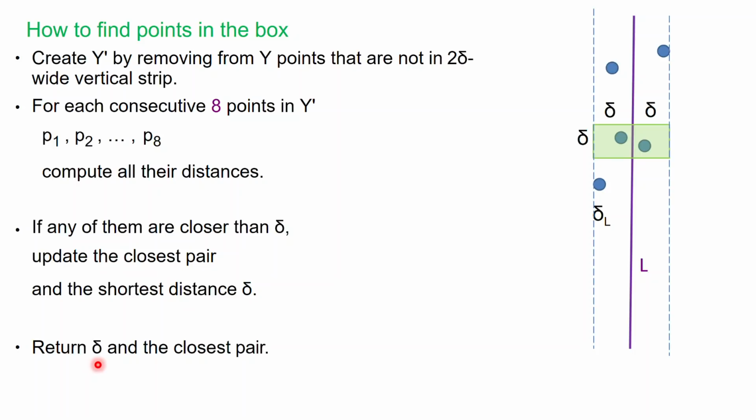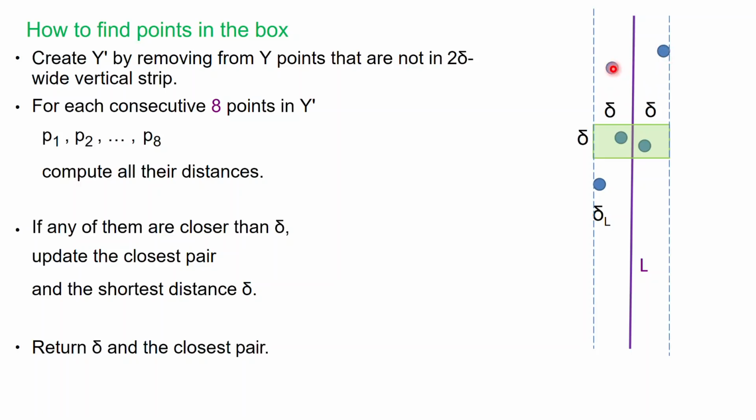So you're going to go through y prime in order, starting from the top point. Start from this. Then you look at the next 7, so with this it would be 8. You compute all their distances, and if you find something which is closer than delta, you update the shortest distance.